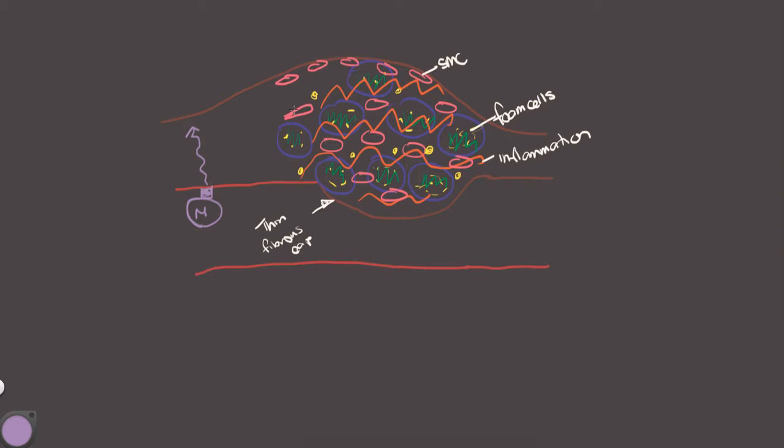So we see smooth muscle migrating to the tunica intima and building up there. We know that that's going to lead to inflammation. These orange lines here are the inflammatory response. So we're seeing inflammation occurring as a result of this monocyte activation or adherence to the endothelium.